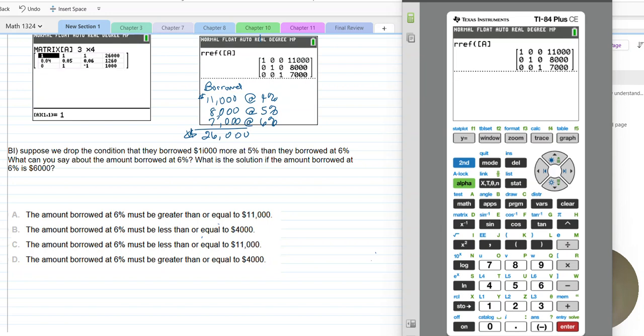All right, so what we have now is the following. We have 11,000 at that, and all of that. So on our list, we have to have x minus z is 4,000.